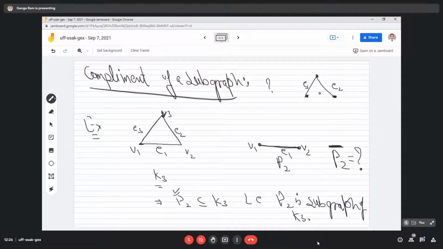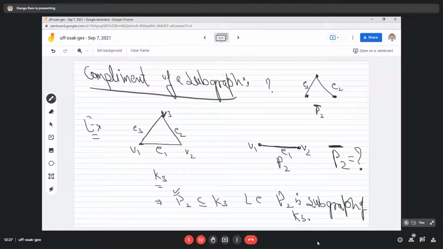Okay. Is it right? Yes, sir. Got it? Just you can say that here the number of vertices will be equal to the number of vertices of this.